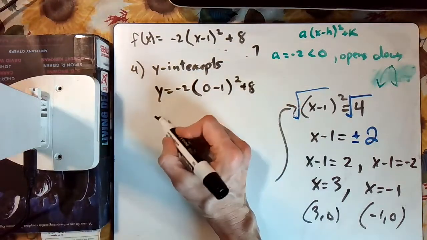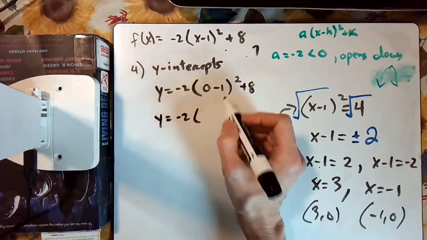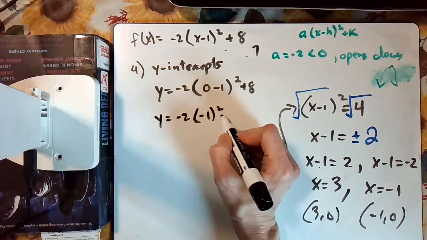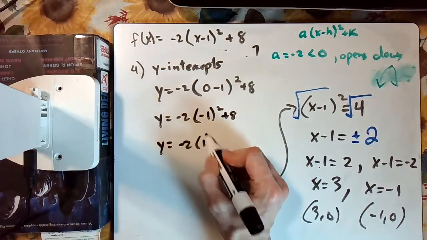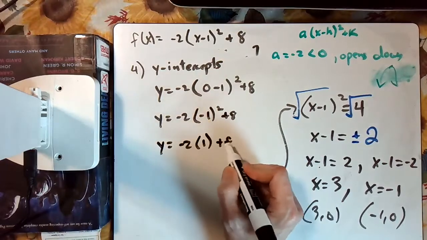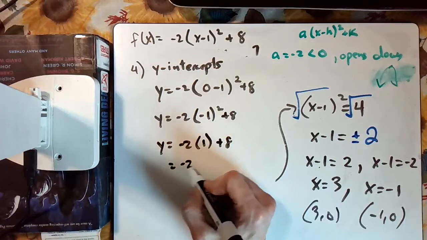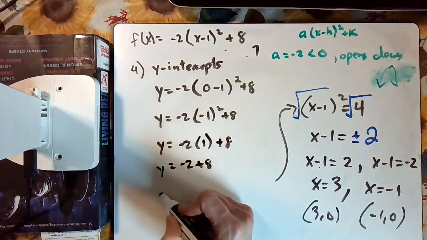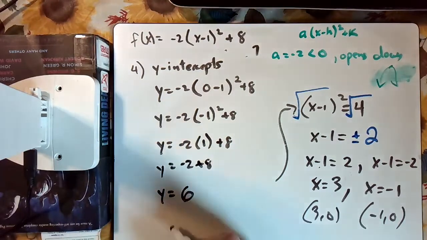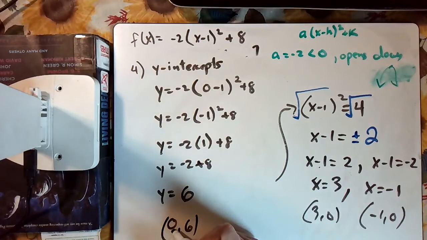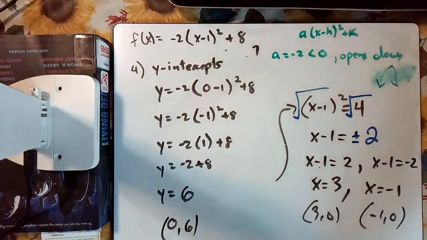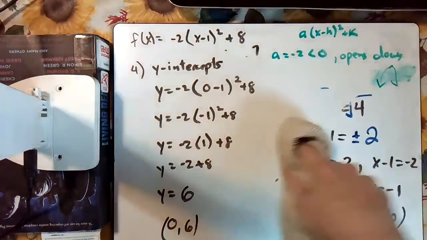So what does that give us? We get y equals -2 times -1 squared plus 8. Watch the arithmetic. This is -2 times +1 plus 8. And then this is -2 plus 8, and then you get 6. What is this as a point? 0 comma 6, right? Because all y-intercepts have an x-value of 0. So now we have all this wonderful information, and we can graph our curve.